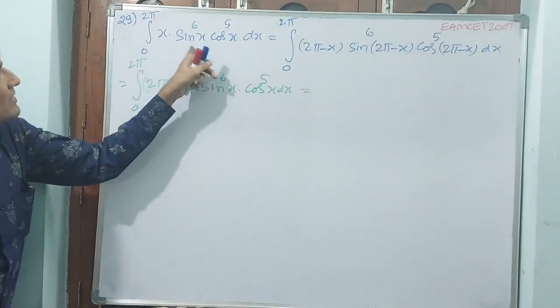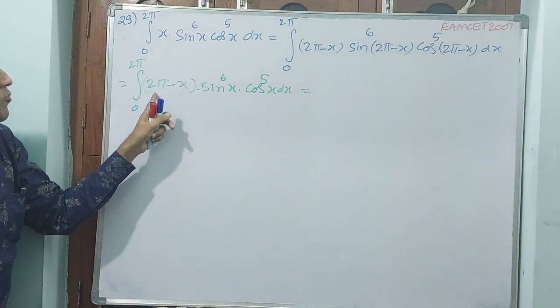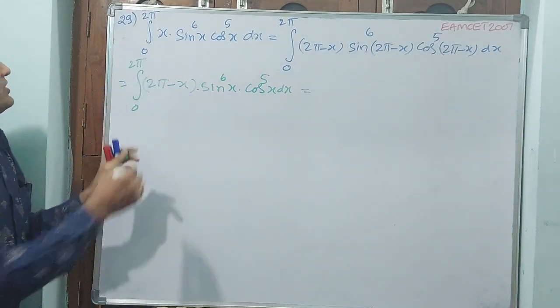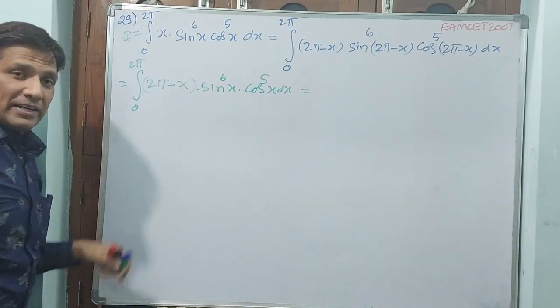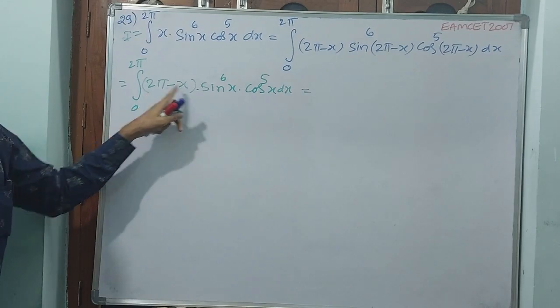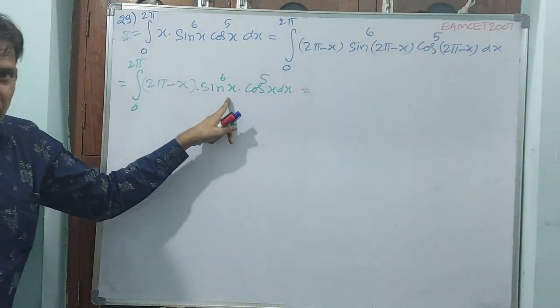See, the same thing has come, but earlier only x was there, now 2 pi minus x has come. This is I only, don't forget. Now see, 2 pi times this one minus x times this one I am writing.